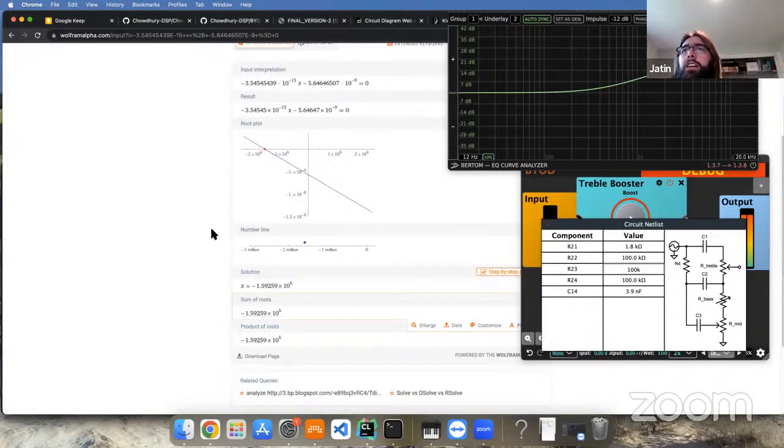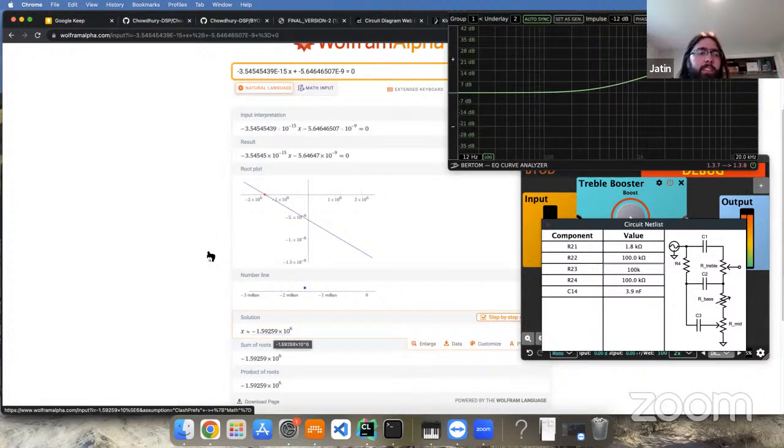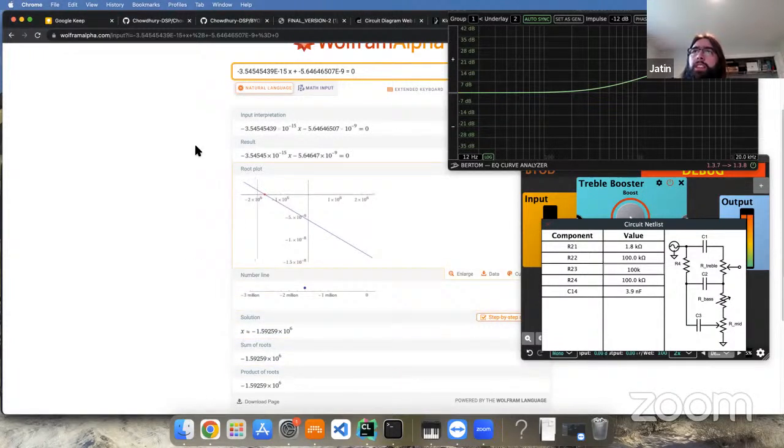Well, I guess we actually have two roots, right? So where's the second root? No, okay, we only have the one root. Yeah, that makes sense. So we've got this root, and clearly that's on the left side of the plane, which is stable, which means we shouldn't be flipping our roots, which we were doing before.